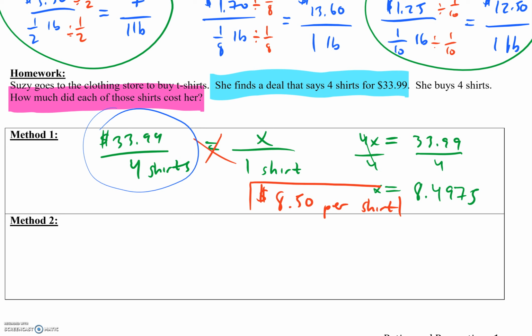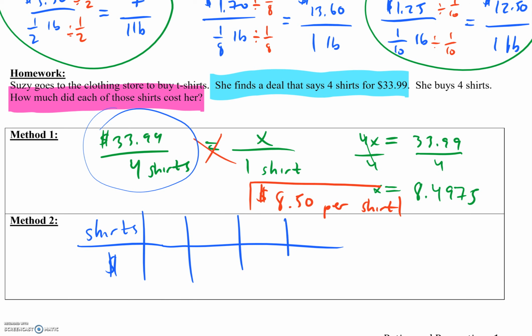So if we were to put this in a table, we would start with shirts and dollars.